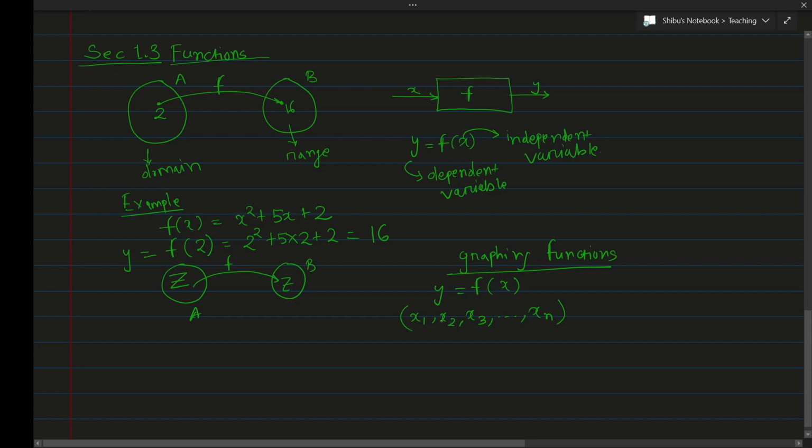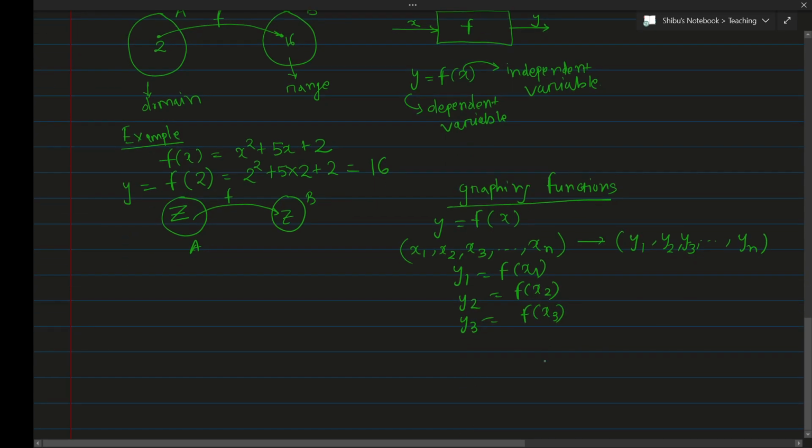And for the corresponding values, we'll get corresponding values of y also, y1, y2, y3, up to yn, right? So y1 is equal to f(x1), y2 is equal to f(x2), y3 is equal to f(x3), and in a similar way yn is equal to f(xn).